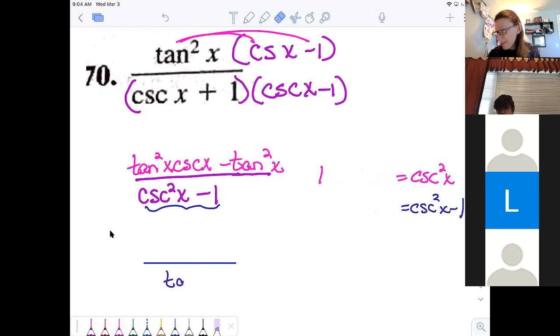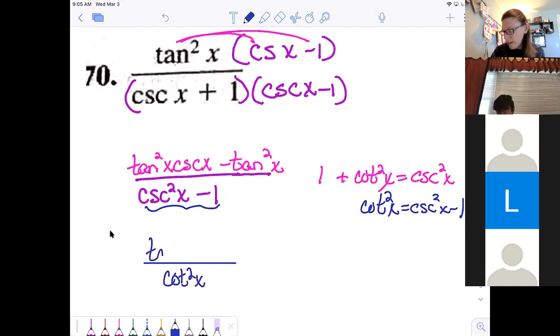I got my wrong trig function in that identity. There we go. So our denominator is the cotangent squared, and in the top, we have the tangent squared cosecant minus the tangent squared.